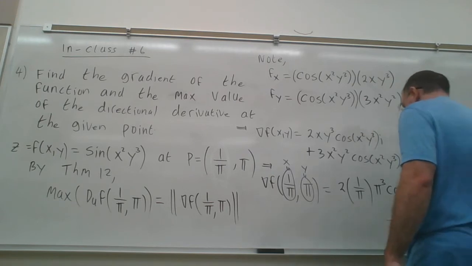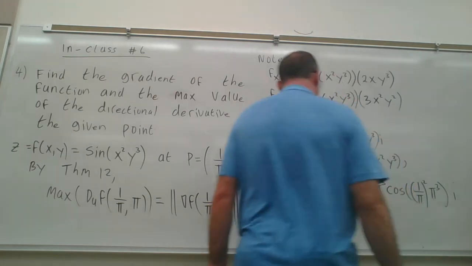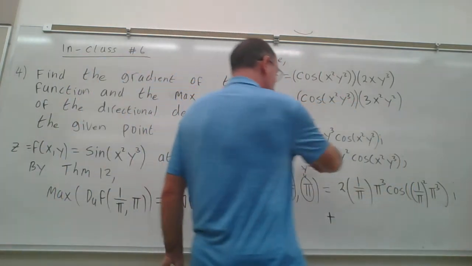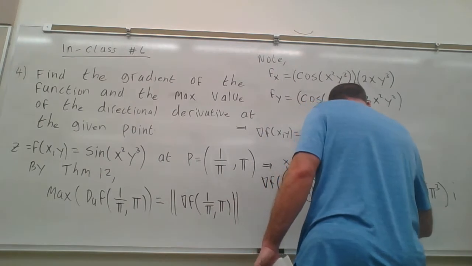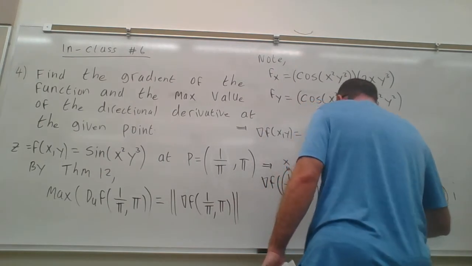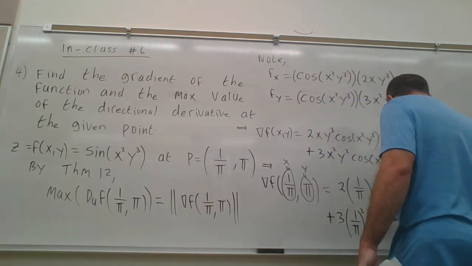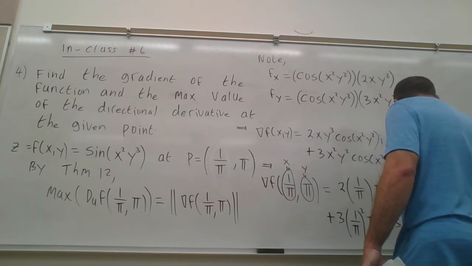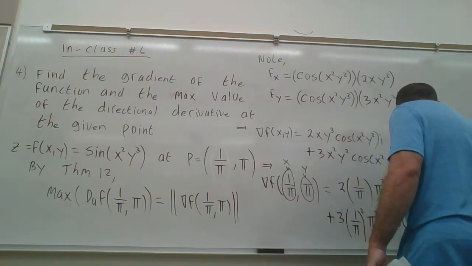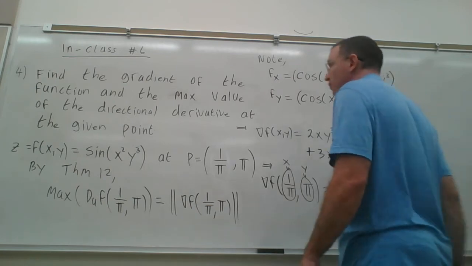That's the i direction, plus plug in here, to be 3 times (1/π) squared times π squared times cosine of (1/π) squared π cubed j.